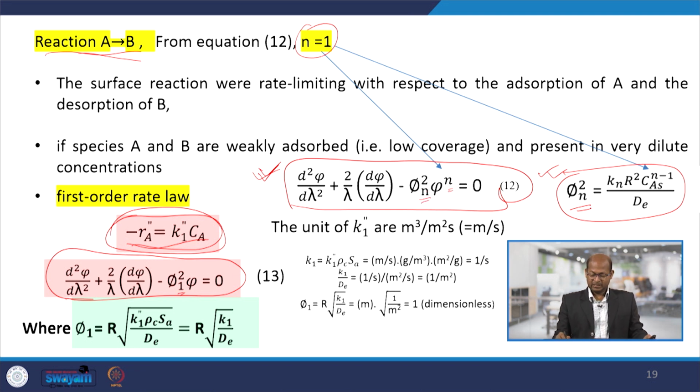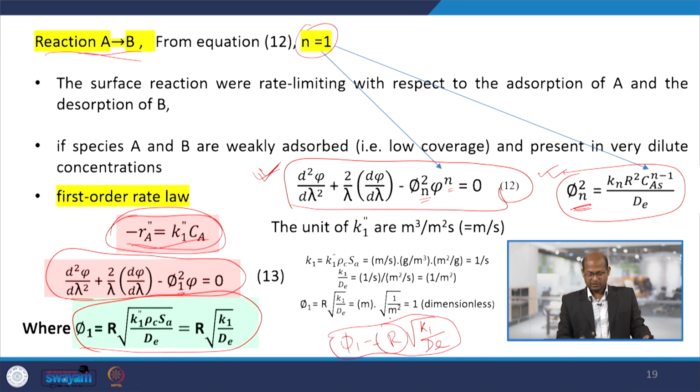And the Thiele modulus phi n square we can also write. For n equals 1, phi equals r times the square root of k_1 over D. So, if you want to know the Thiele modulus, we have to know the radius of the particle, the constant k_1, and the effective diffusivity. If we know these components, we can easily find the Thiele modulus for this particular catalyst particle and reaction.